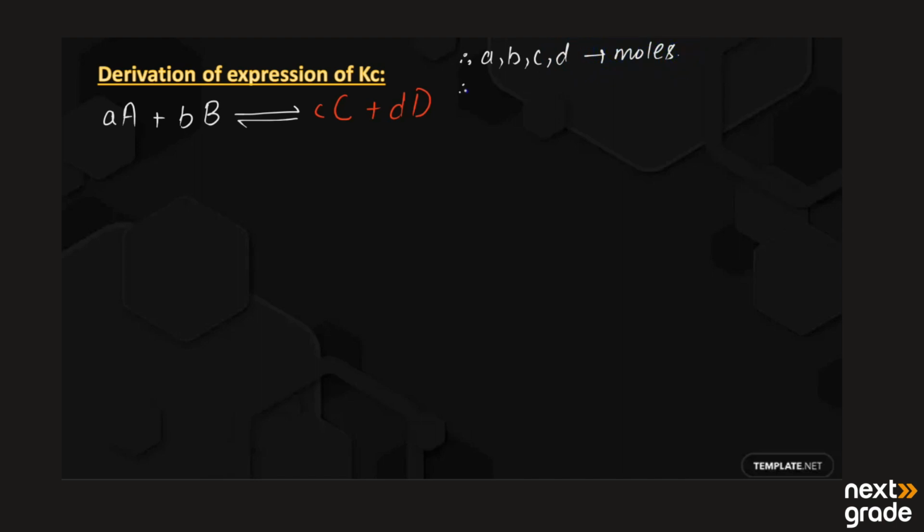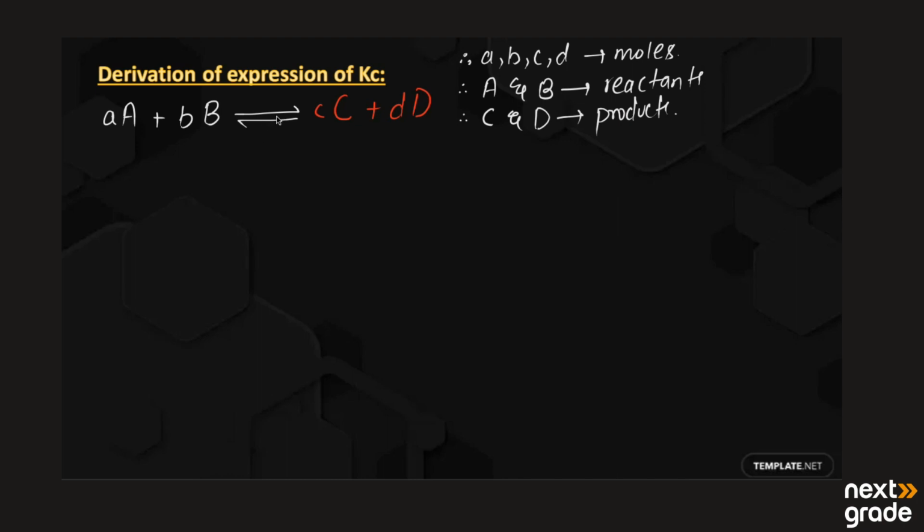A and B are the reactants, and C and D are the products. So this is the simple description.